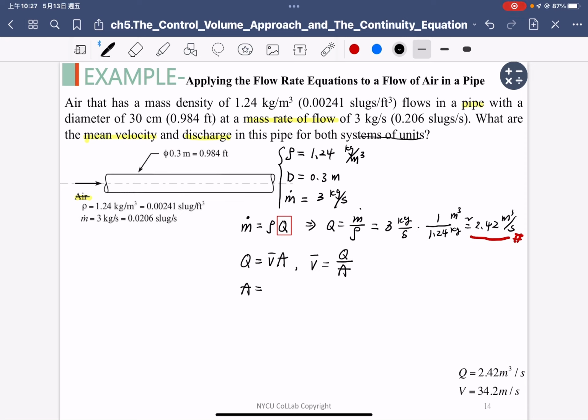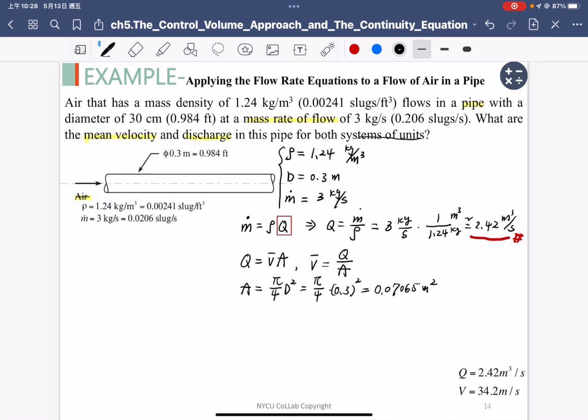Because this is a round pipe, the total area is equal to pi over 4 d squared, where the diameter in our case is 0.3, squared. You can compute the total cross-section area by yourself. I used my calculator, and the total cross-section area is 0.07065 meters squared.